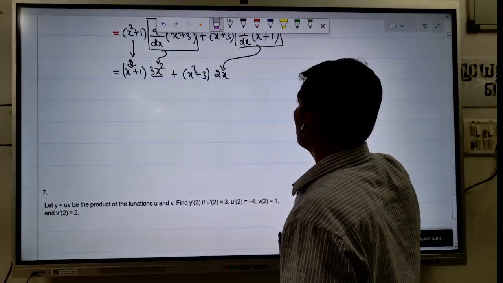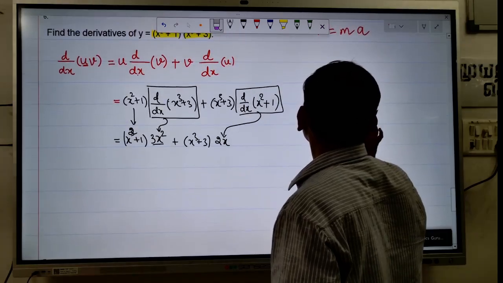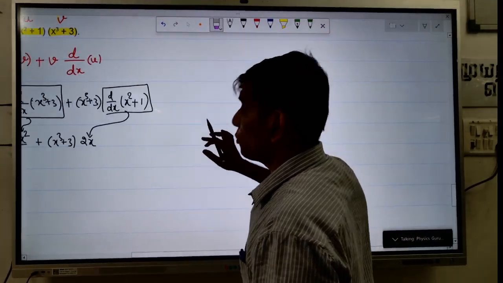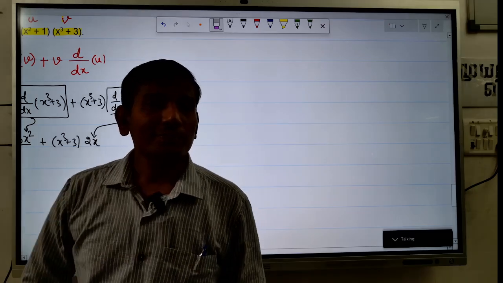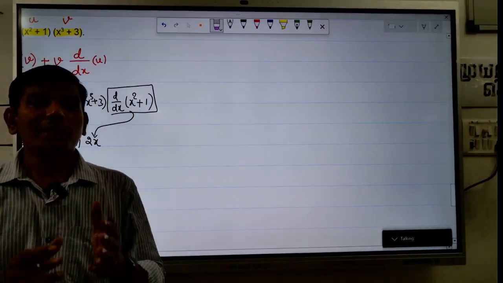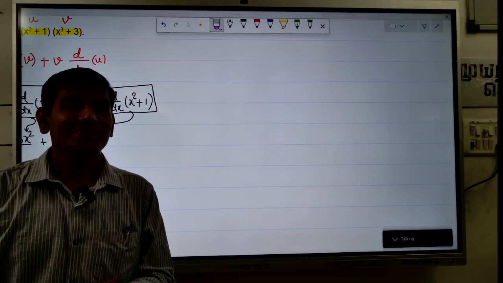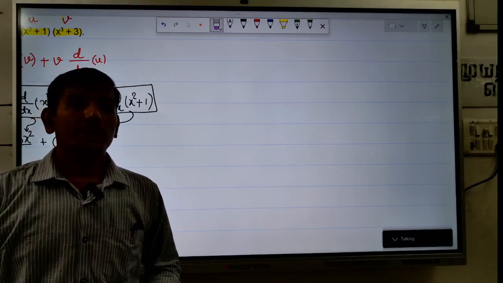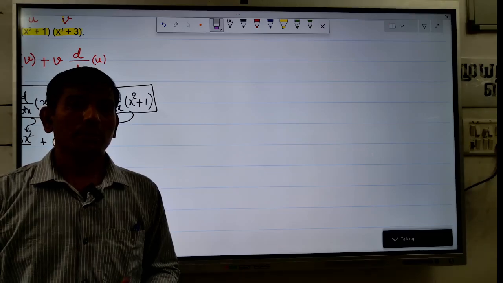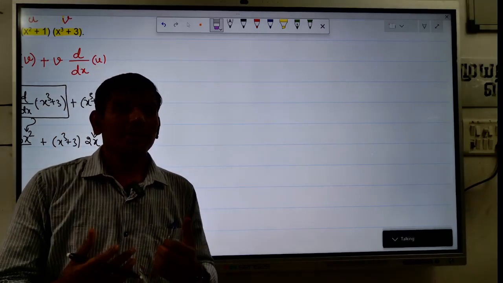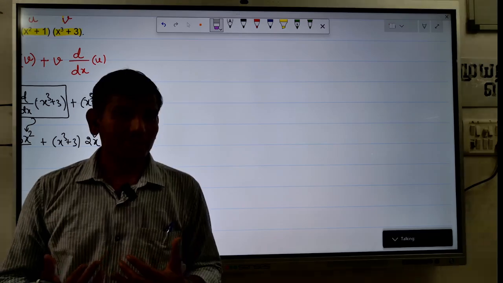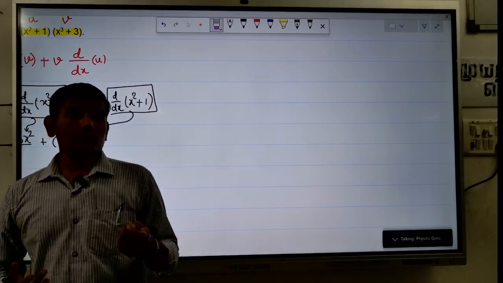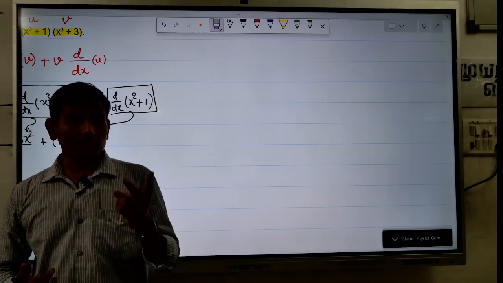Using this, I can explain to you Newton's law. Newton's second law.